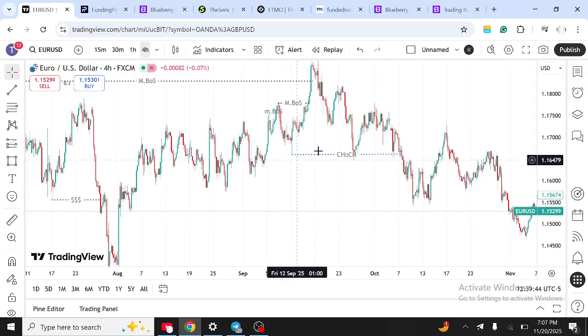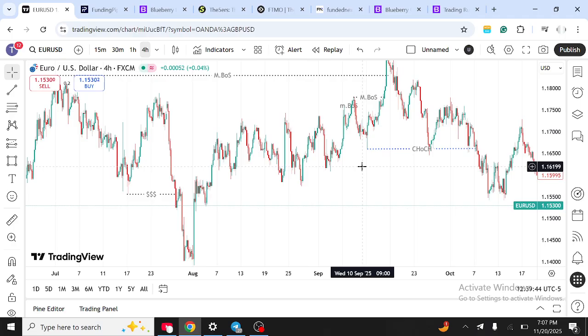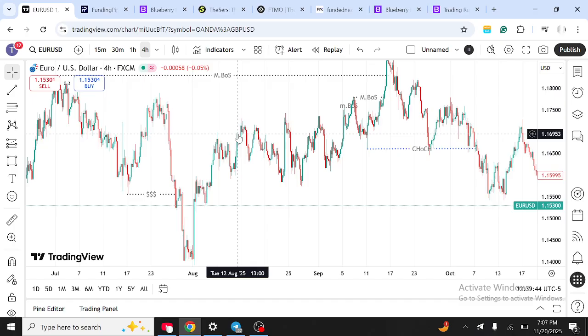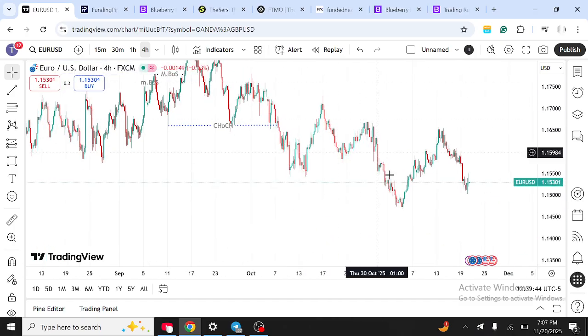But internally, the market has changed structure. Do you get the concept? I use type A liquidity and type B liquidity to confirm my change of character or market shift, not only externally but also internally. You can see that this is the internal type A liquidity concept inside type B. So we are looking for type B now.